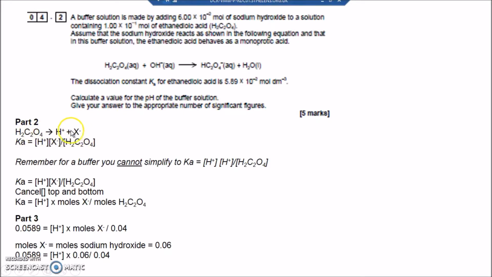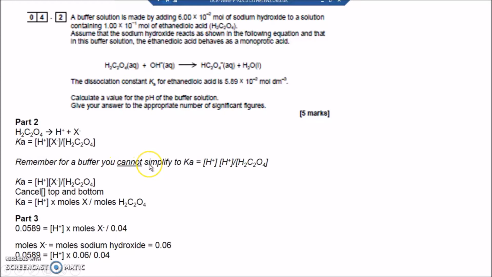Now, I could work out what was left, but I'm just going to call it X minus, that's fine. So I've got something else made, H plus and X minus. I could probably work out that it's HC2O4 minus by subtraction and working out what's left over. But I'm just going to call it X minus for simplicity. So, equilibrium constant equals the concentration of H plus multiplied by the concentration of X minus divided by the concentration of the ethane dioic acid.